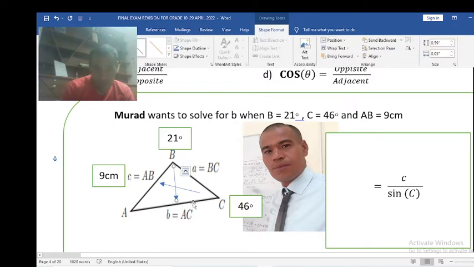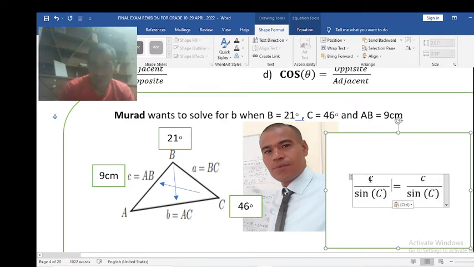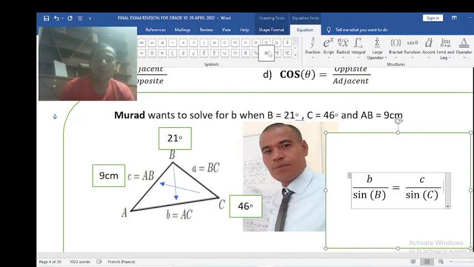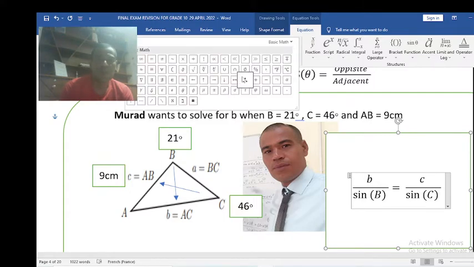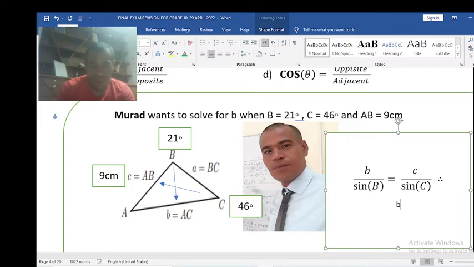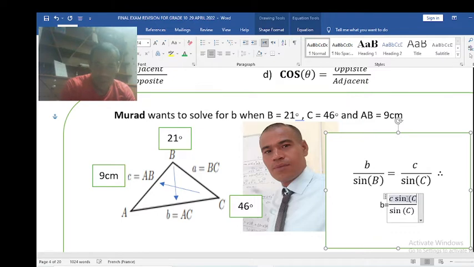So this one, learners, is equal to small b divided by sine of the angle B. Then cross multiplying, therefore I will write b in terms of c: b is equal to c sine of the angle capital C divided by sine of the angle B.